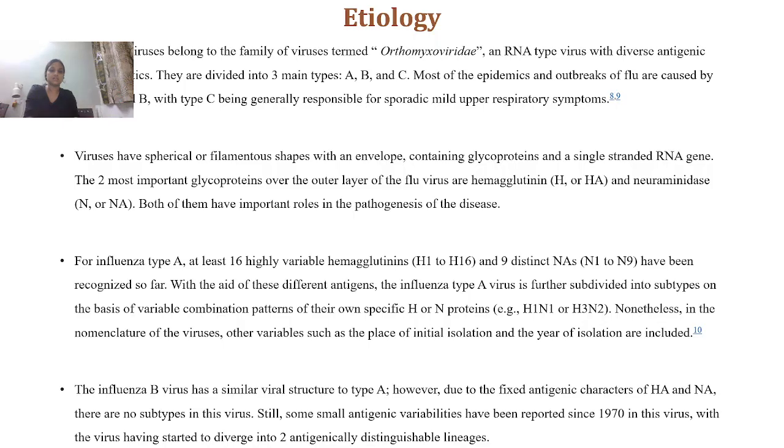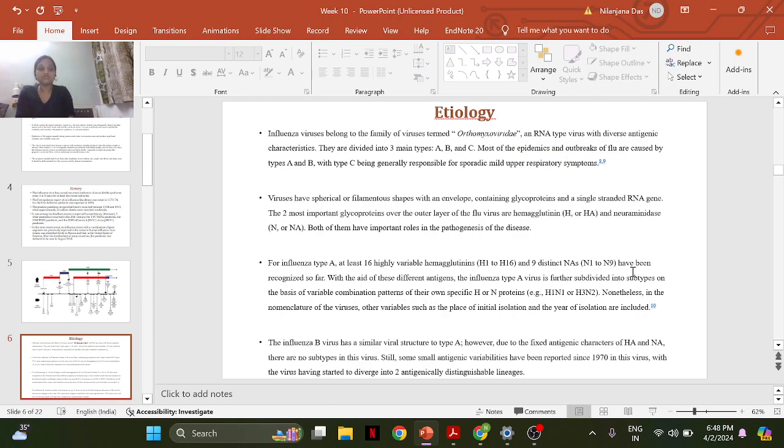I took this from a book, and it is written 16 H to 9 distinct NA, but I think now it has increased, because the book was not up to date. Maybe it was 2 or 3 years ago. It has now maybe increased, to my knowledge, to 11 NAs and maybe 18 Hs.